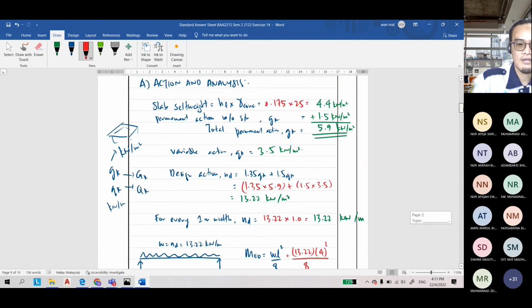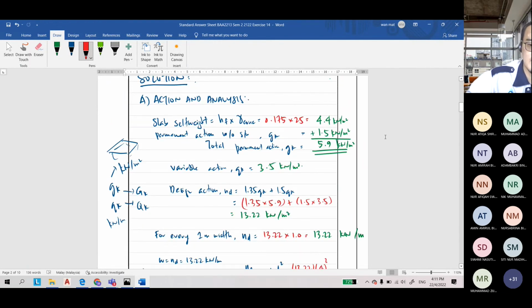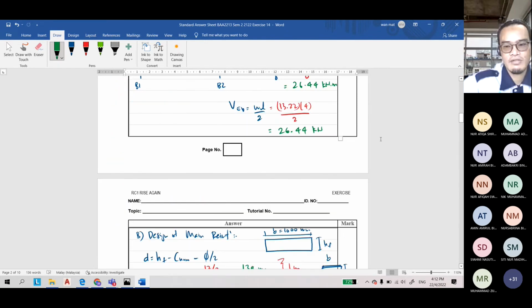Based on the past year, I observed that you have to determine the slab self weight, and then add it to the permanent action in order to get the final GK. So you must know how to determine the self weight of the slab, and then determine the design action, bending moment and shear force.